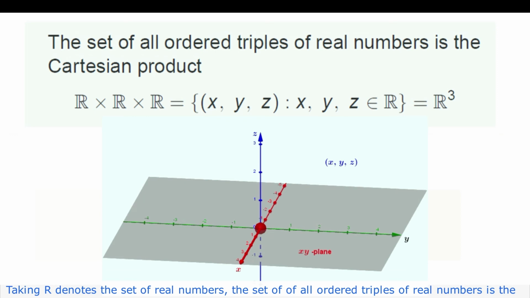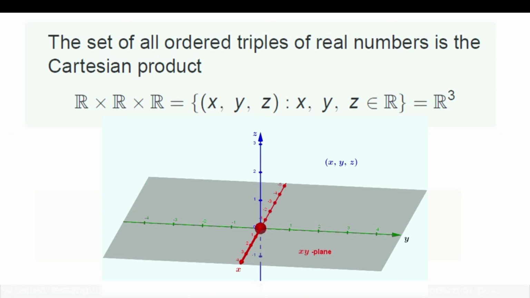The set of all ordered triples of real numbers is the Cartesian product R cross R cross R, which is equal to the set of all triples x, y, z, where x, y and z are real numbers. We abbreviate this set as R3.